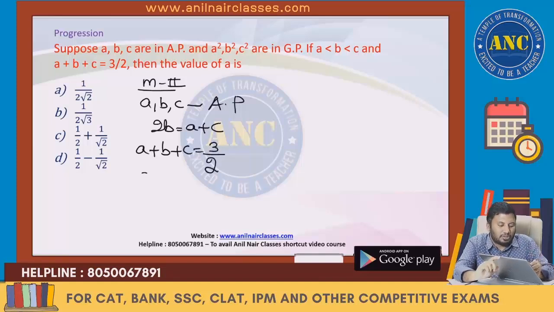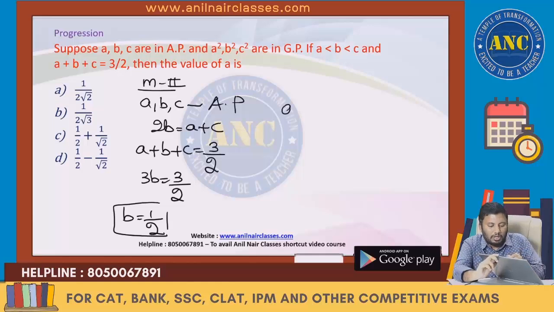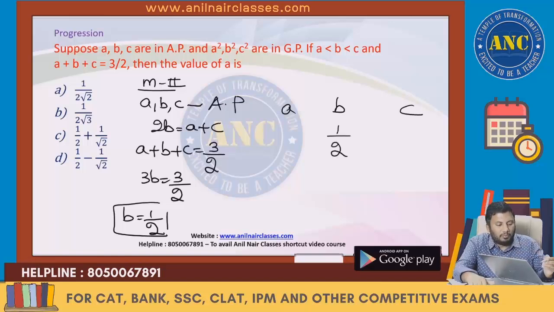A plus C is 2B. 2B plus B, 3B equivalent to 3 by 2. B is nothing but 1 by 2. Now, please try to use the answer option. Suppose if I take 1 by 2 plus 1 by root 2.